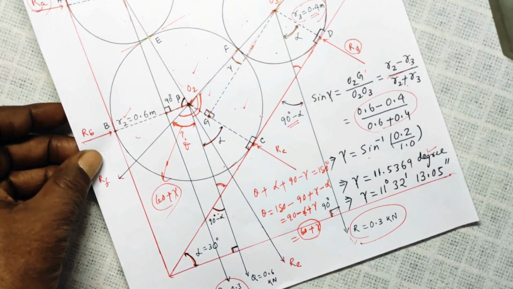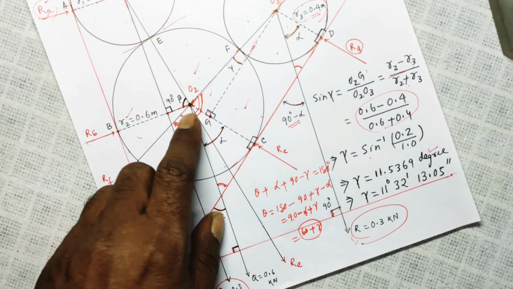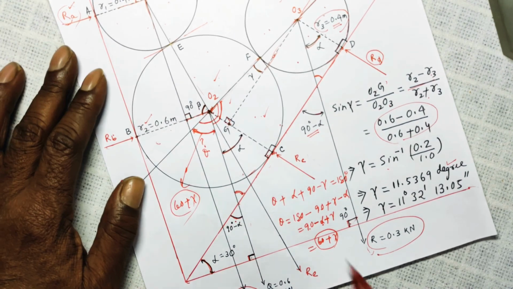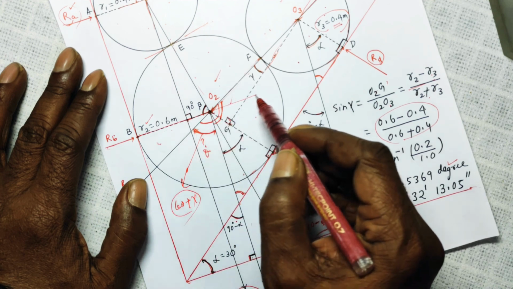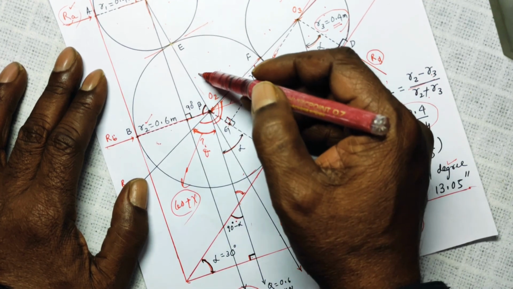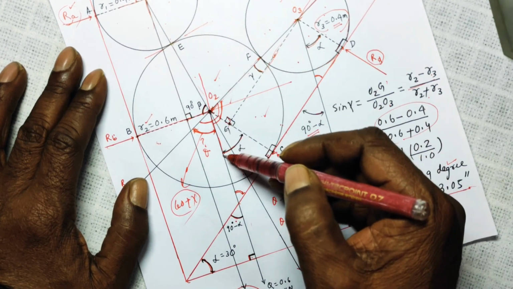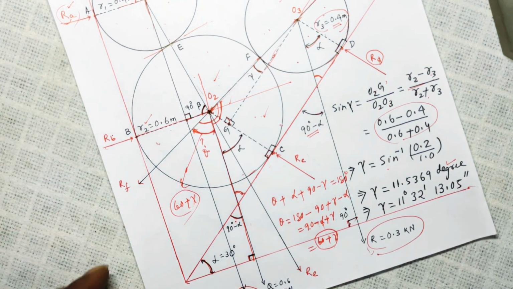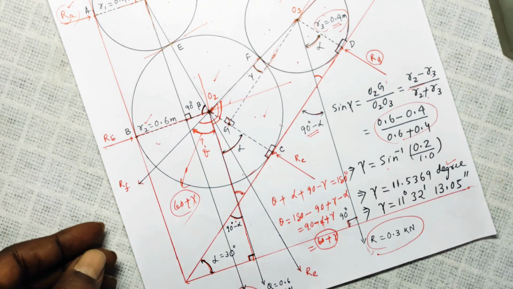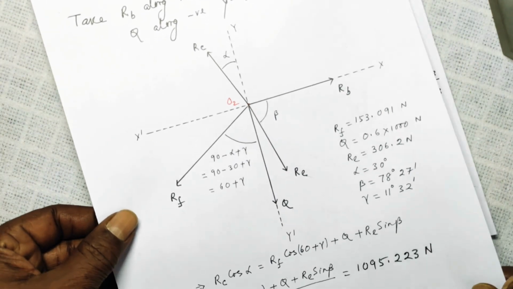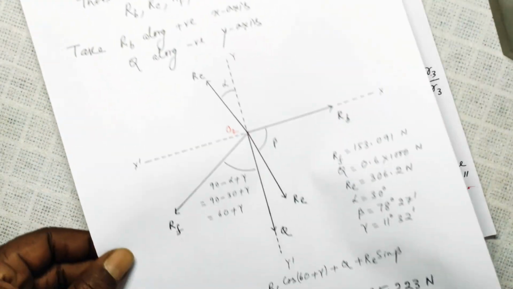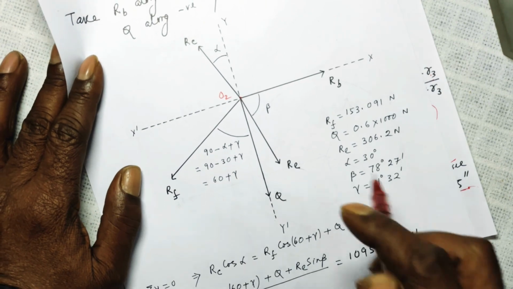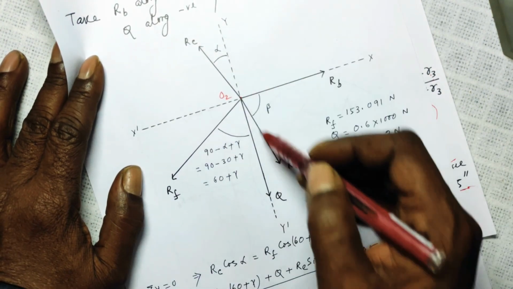So now let us draw the free body diagram at point O2, considering this line as x-axis and this vertical line along which its weight is acting as y-axis. Then it is simple. I have drawn it here. This is your x-axis, this is your y-axis.